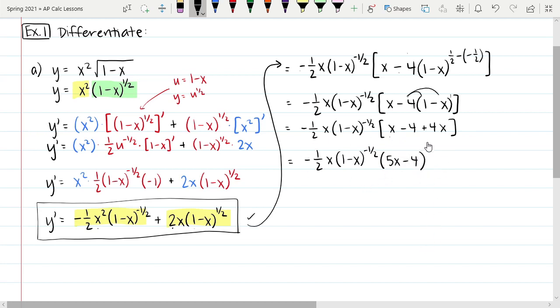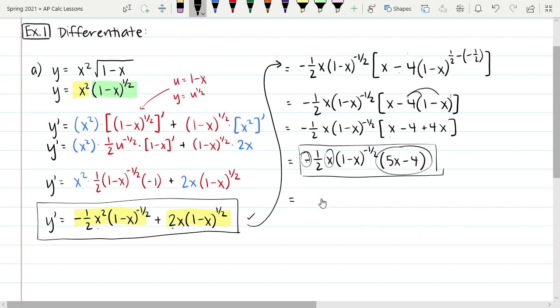Now this is much closer to what we want. Again, this would be a much better answer than the original one that I had, but we can do one more thing, and again, there will be a very good reason for us to do this later on, is that negative power, and I've got a denominator, we're going to rewrite this entire expression as a fraction. So in the numerator, I'm still going to have that negative, I'm still going to have that x, and I'm still going to have that 5x minus 4.